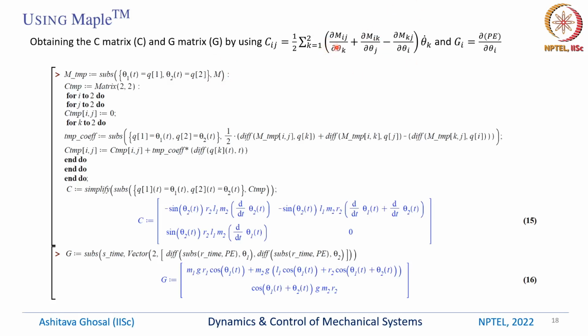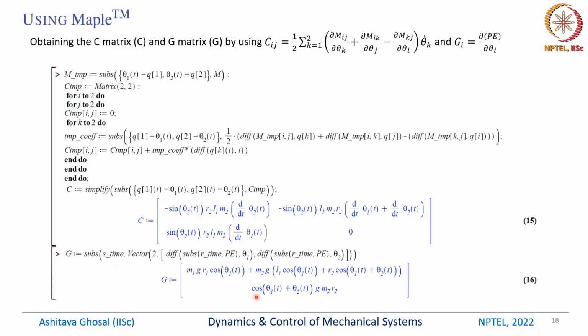Because we want to take derivatives of the elements of the mass matrix, we type a few terms like this, and you can find the elements of the Coriolis matrix Cij will come out. So C11 is this, C12 is this, C21 is this, and C22 is 0.